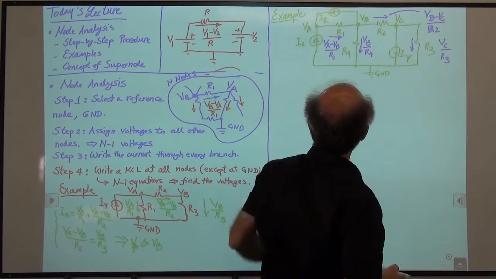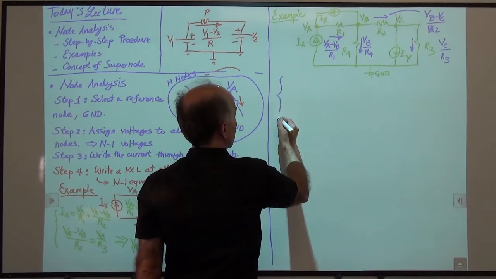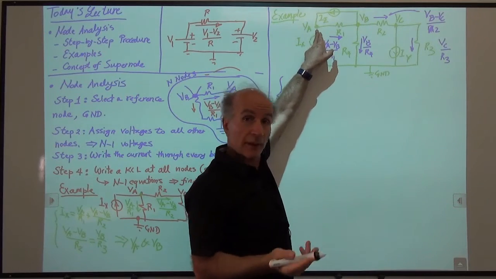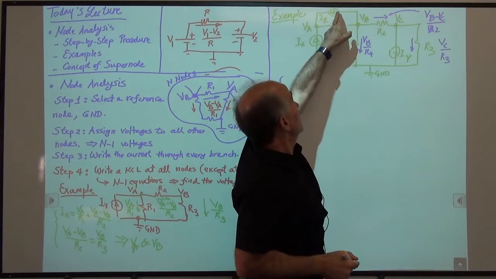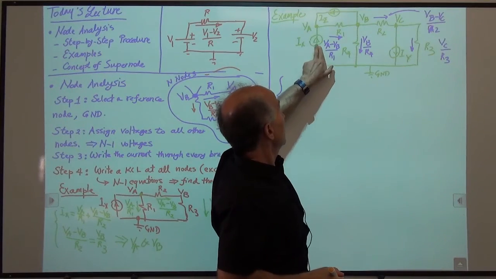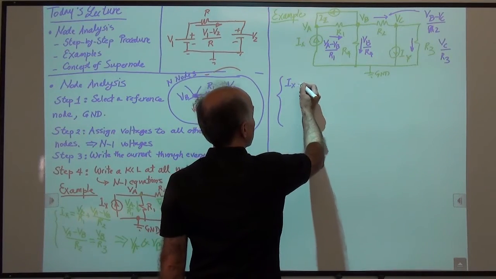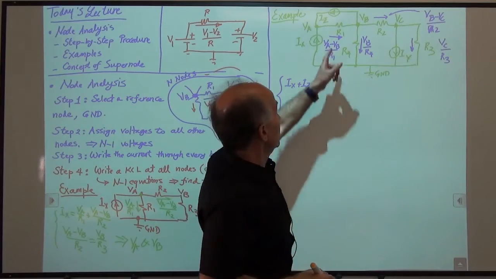Okay, we start from here. What does a KCL at that node look like? I'm going to write 3 equations here. I have some currents coming in, some currents going out. We just have to write them out. This current is coming into the node. This current is coming into the node. So I add those two, IX plus IZ, and I write that equal to this current which is going out.